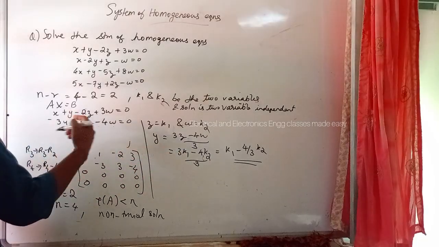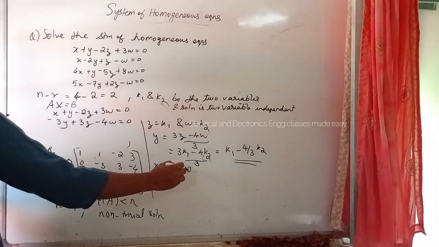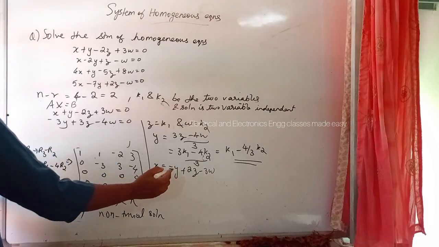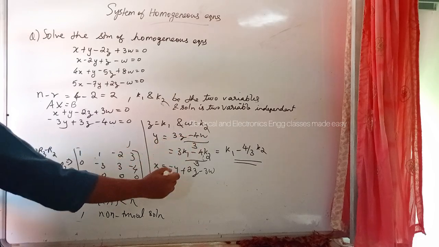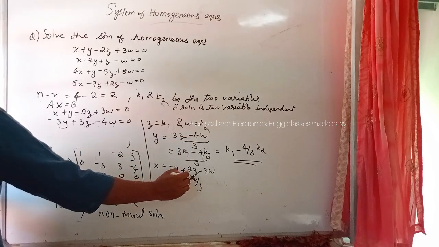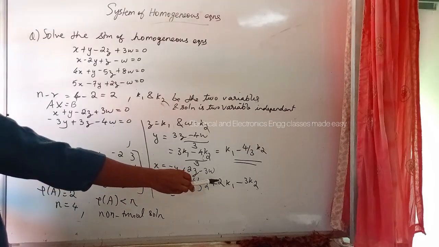Then from the first equation we get x = −y + 2z − 3w. Here −y is −k1 + (4/3)k2, plus 2k1 − 3k2.